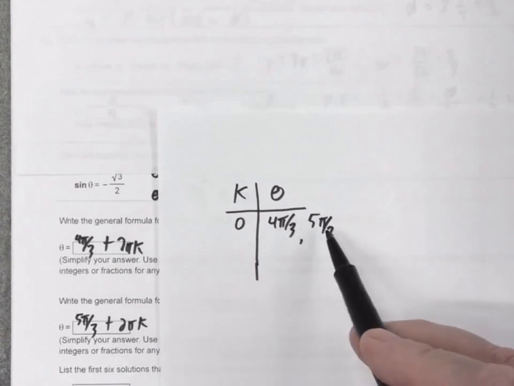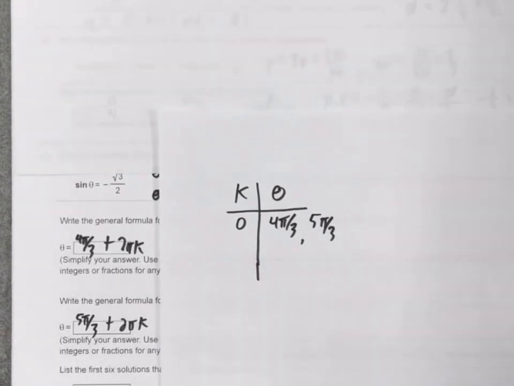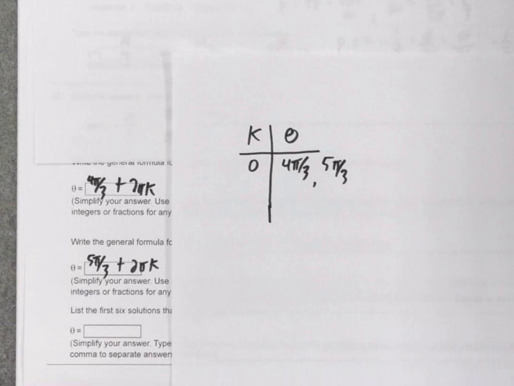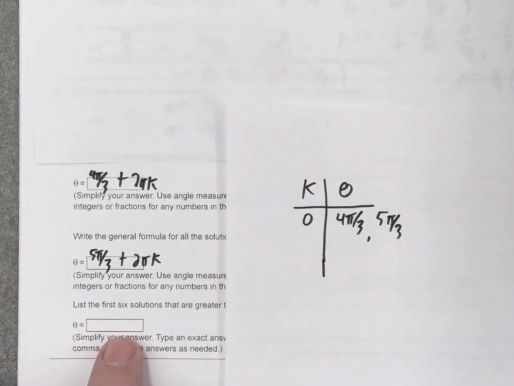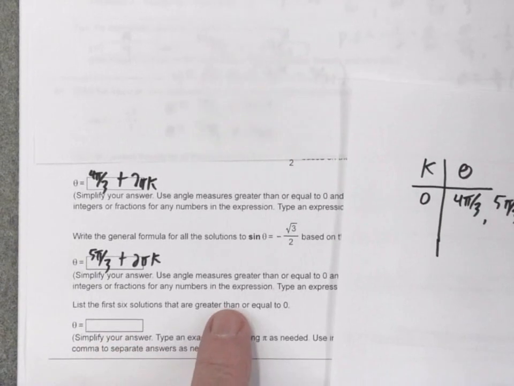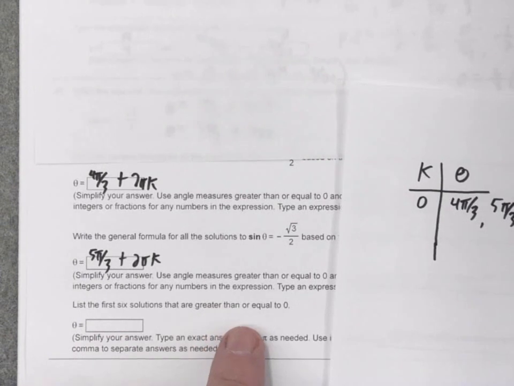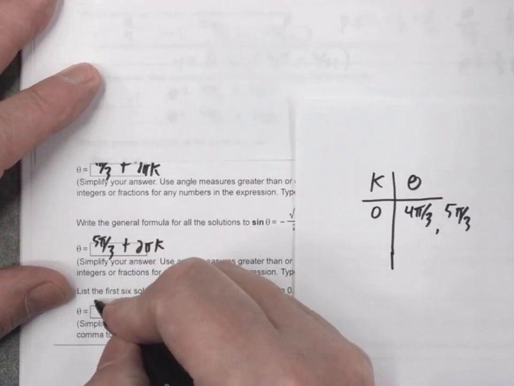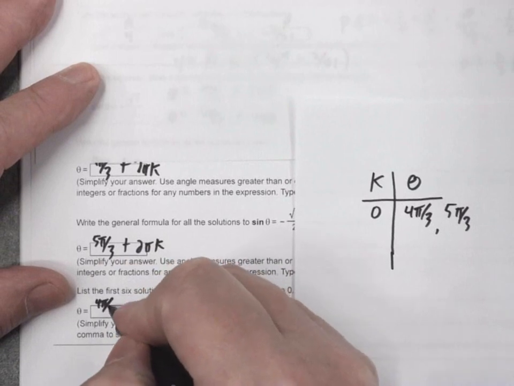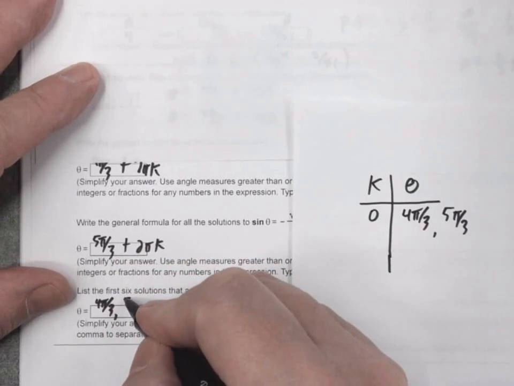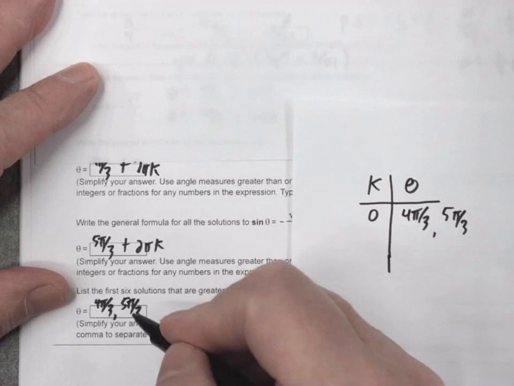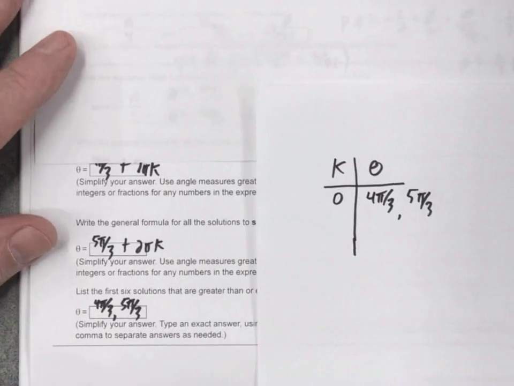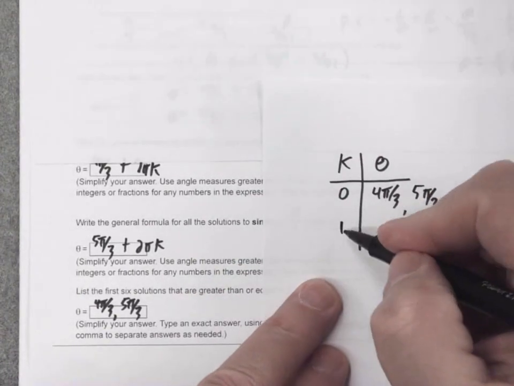So those are going to be my first 2 solutions, which I'm going to plug in this last answer. Here are the first 6 solutions that are greater than or equal to 0. I guess I can plug in these first 2. 4 pi over 3, 5 pi over 3.